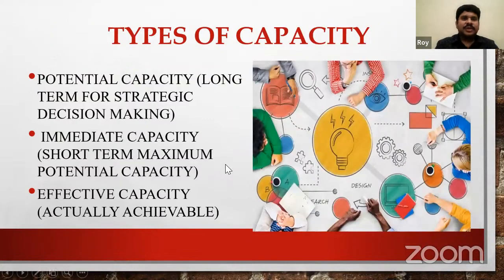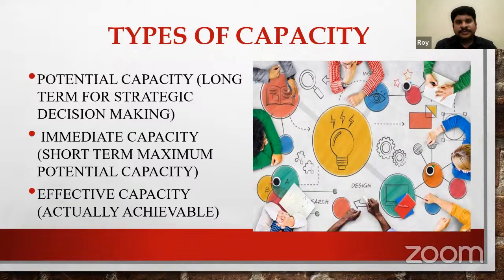Now, what are the types of capacity? First one is the potential capacity, that is long-term, for strategic decision making. If you are continuing to produce the same products for a long time, then we call it potential capacity. Second one is the immediate capacity, the short-term maximum potential capacity.